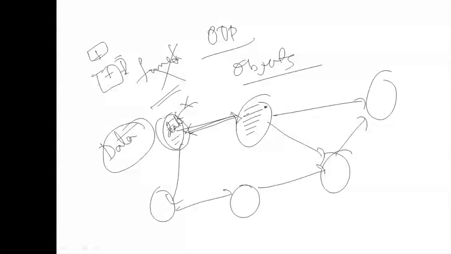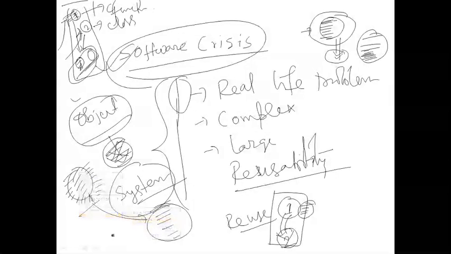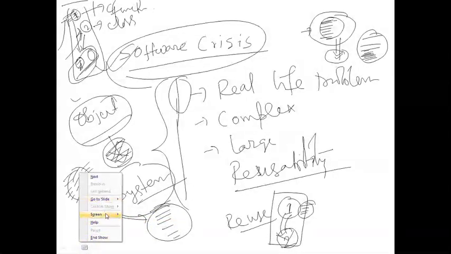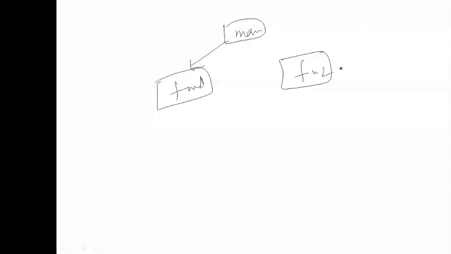So let us go to the procedure oriented mechanism. I already discussed in the book that in procedure oriented programming language, you do not get the security of data. It looks like this: this is the main, and from there you are calling function 1, another function 2.